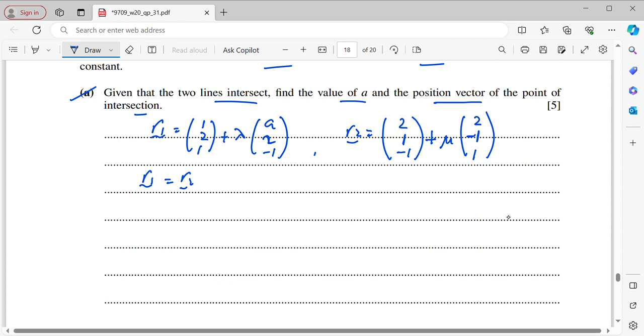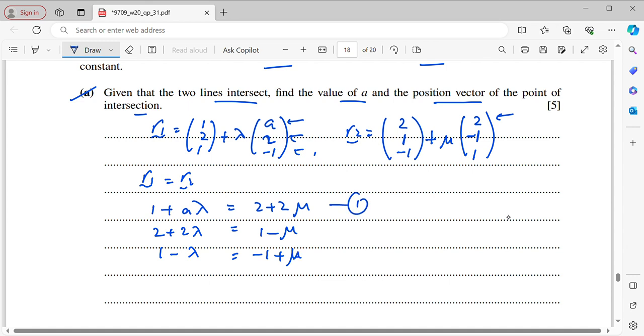So now when I open the brackets, so 1 plus A lambda, then 2 plus 2 lambda, here, then 1 minus 1 lambda equals to, open the brackets, 2 plus 2 mu, 1 minus mu, minus 1 plus mu. Okay, so solve these three equations.